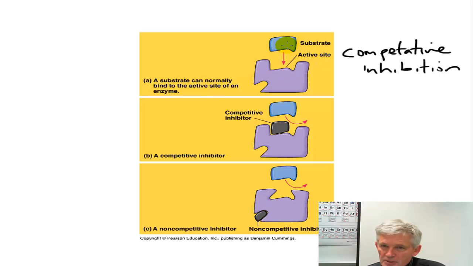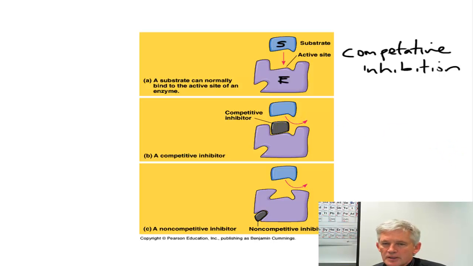Normally, of course, a substrate is going to bind at an enzyme's active site. This, of course, is Mr. Enzyme. This, of course, is Mr. Substrate. And the two have a lock and key fit. They fit quite nicely together, and they allow the enzyme to function. However, there are molecules out there that function as competitive inhibitors. They fit into the active site instead of the actual substrate.